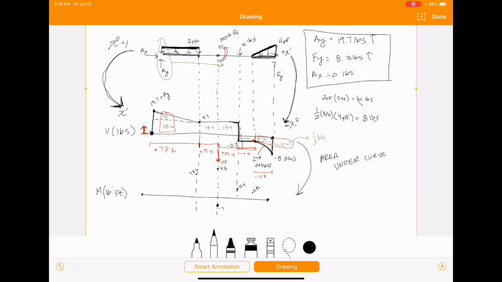Again, when you move from shear to moment, it's similar to when we moved from the loading to the shear. We're just going to increase x by 1 power.